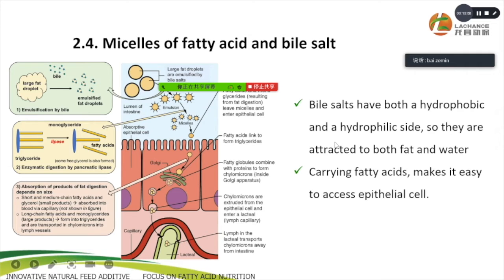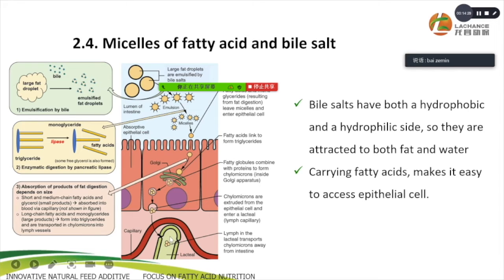So it can attract both fat and water, carrying the micelles close to the absorptive cell, and then finally detaching. The short and medium chain fatty acids are absorbed by capillaries and go back to the blood. The long chain fatty acids form into triglyceride.